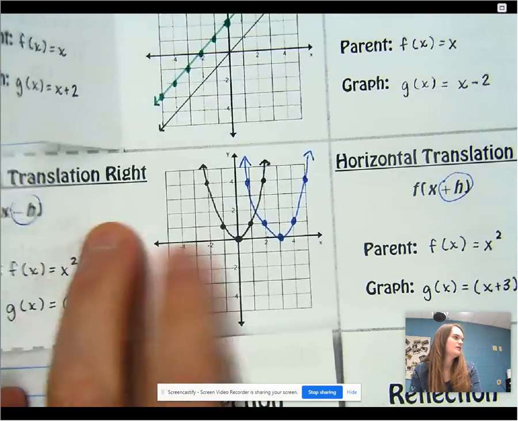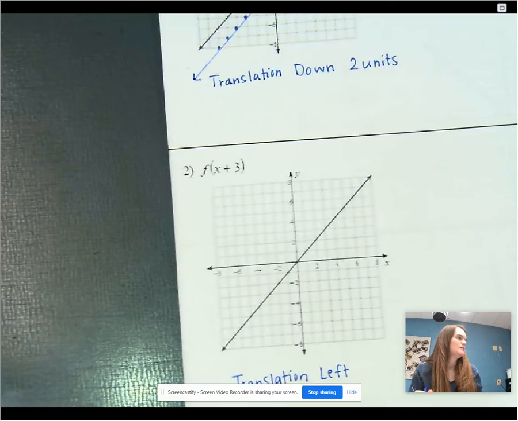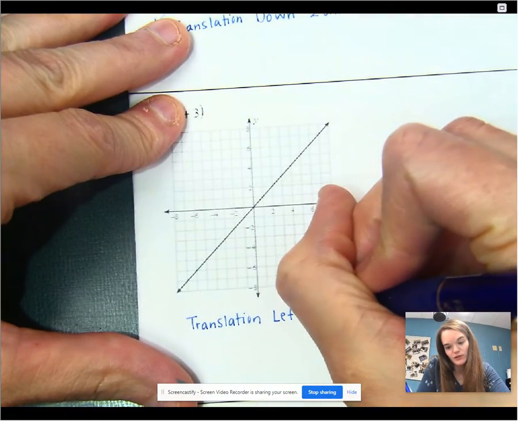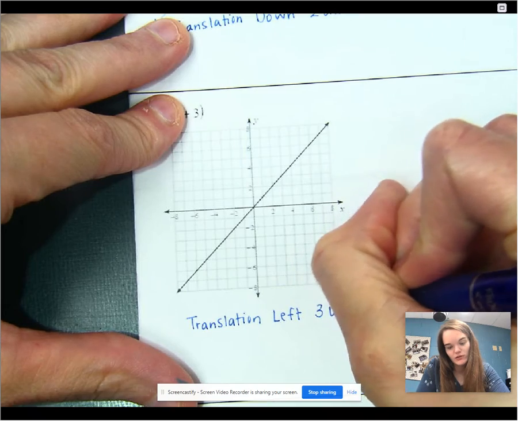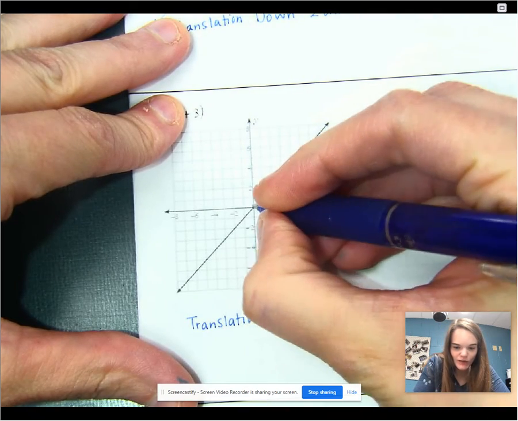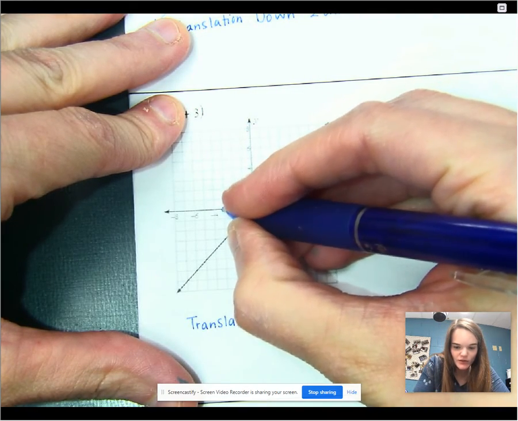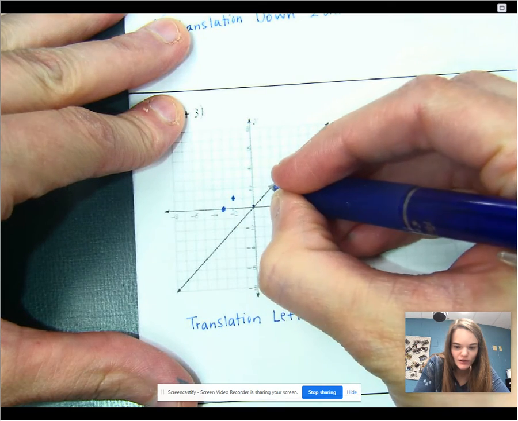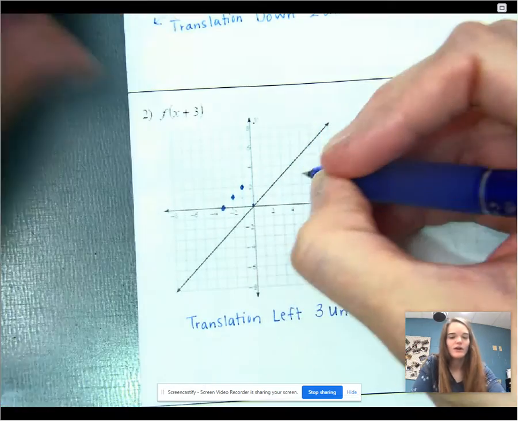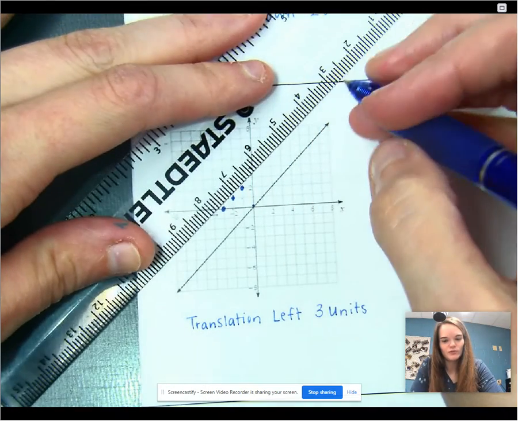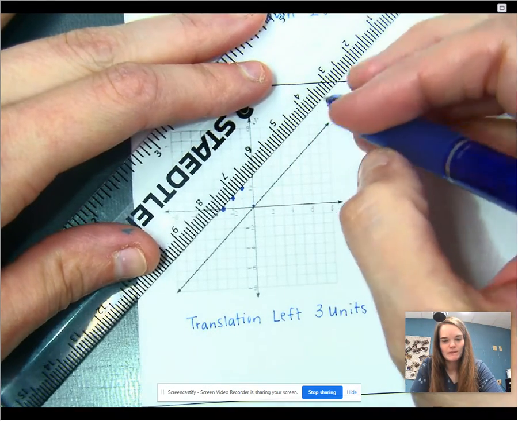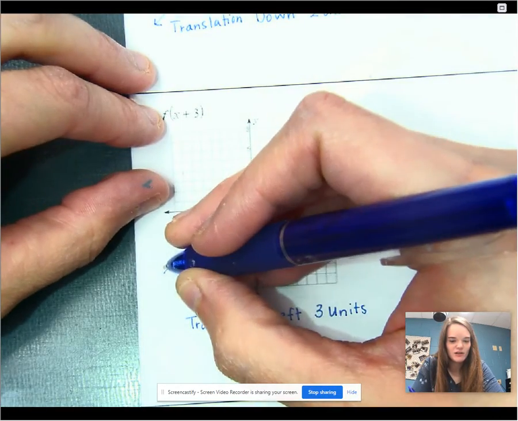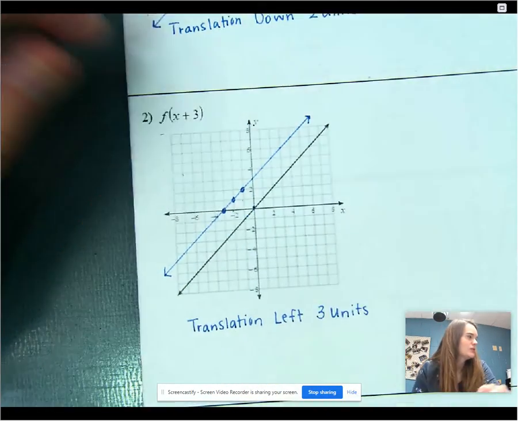Minus is right. So it's a translation left 3 units. I'm going to start here, and go left 1, 2, 3 units. I don't have to actually graph them all. I'm just going to graph 3 of them. There's my translation. I moved it left 3 units.